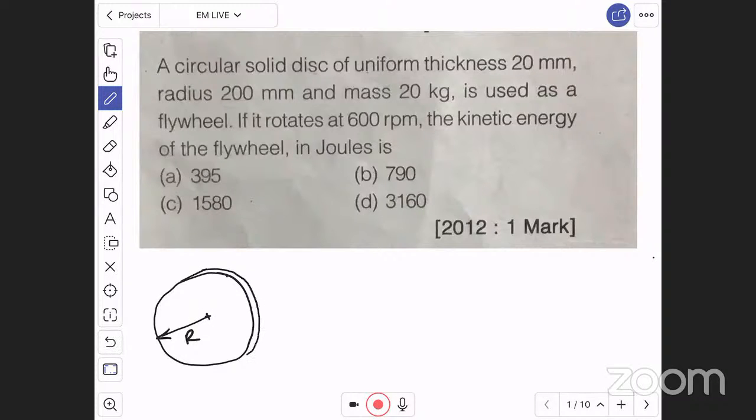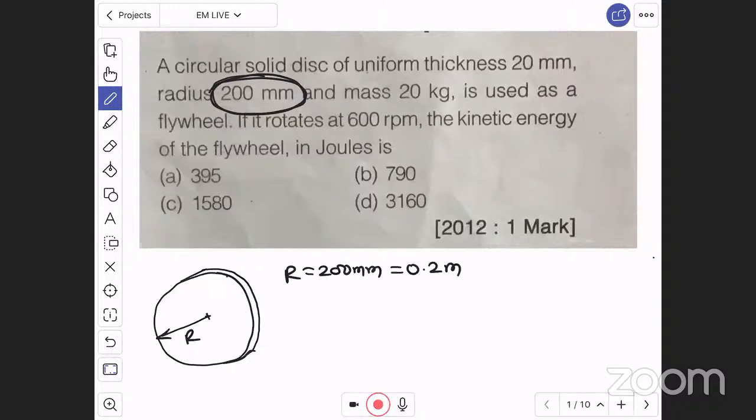Now, the radius of disc is given 200 mm. Therefore, radius is 200 mm, which is nothing but 0.2 meter.